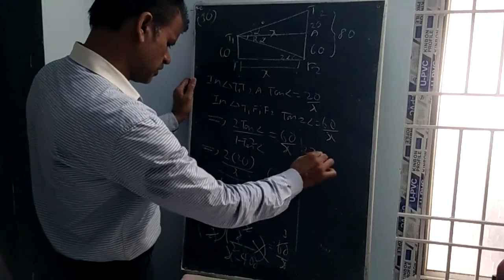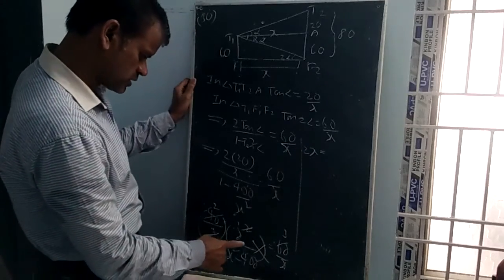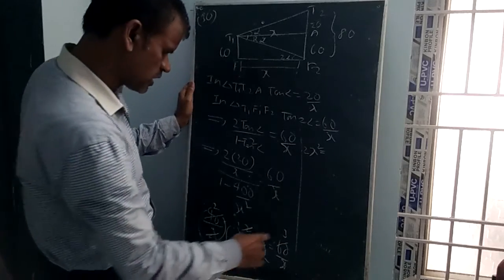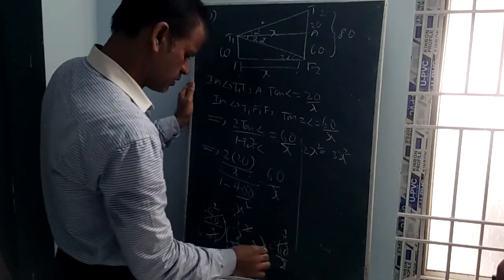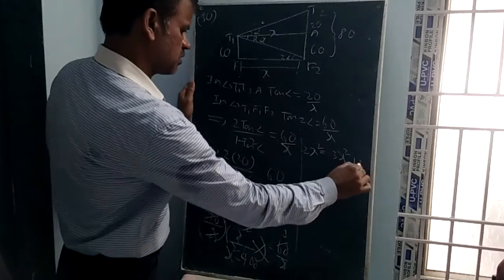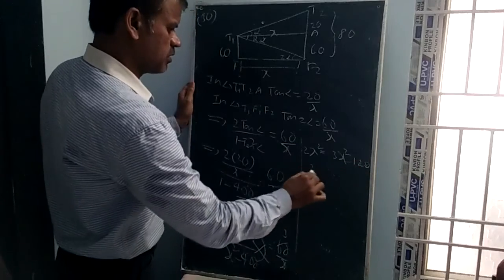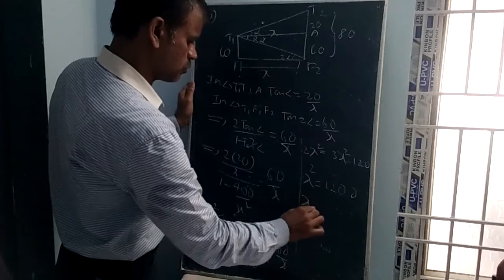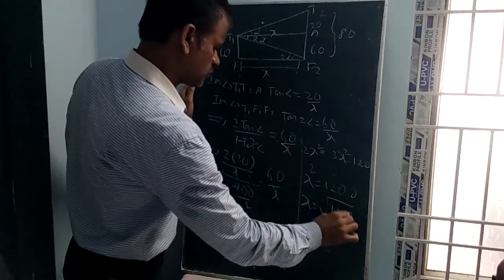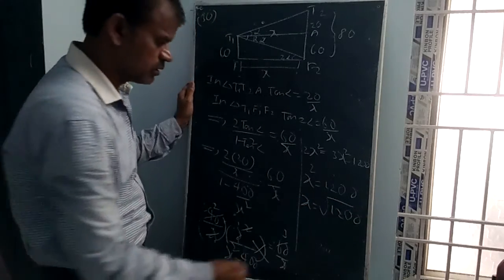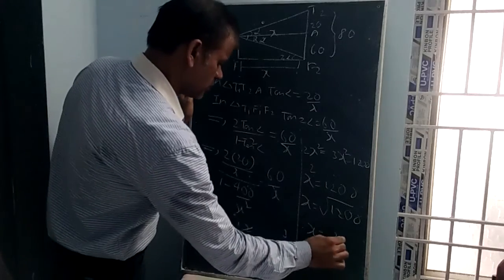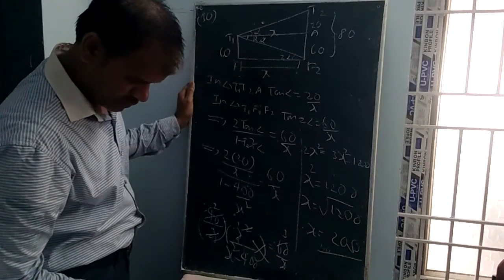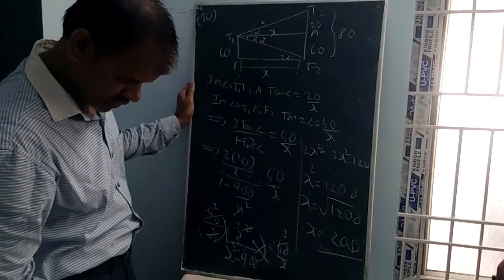So you get 2x into x, 2x square is equal to 3x square minus 1200. Taking cross multiplication, 3x square minus 1200. Now it becomes x square is equal to 1200. So x is equal to root 1200. Root 1200 becomes 400 into 3, so you can take this as 20 root 3. 20 root 3 option is there, third option. 30th question, third option.